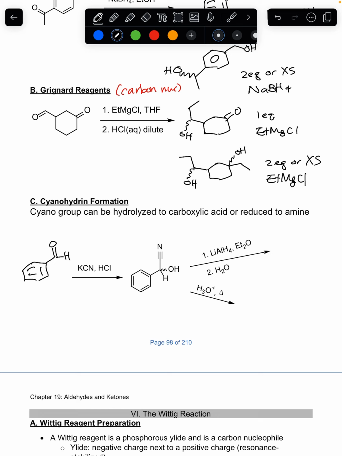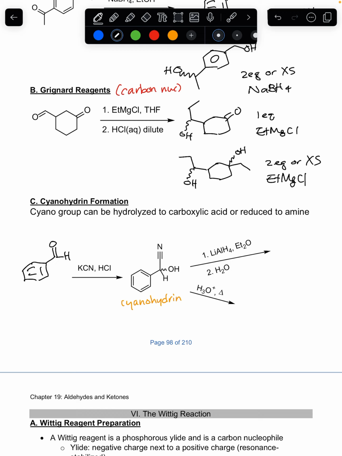Okay, and that would get you this cyanohydrin. And the reason why you might want to make cyanohydrin is because it gives you this new carbon-carbon bond that could be taken advantage of to make a new scaffold, new structure.